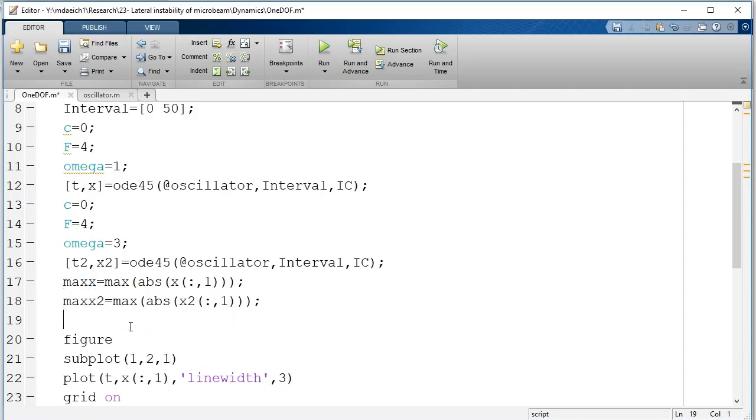And let's call this max equal to the maximum of these two values that we had. So max 2, and let's call this max 0, for example.